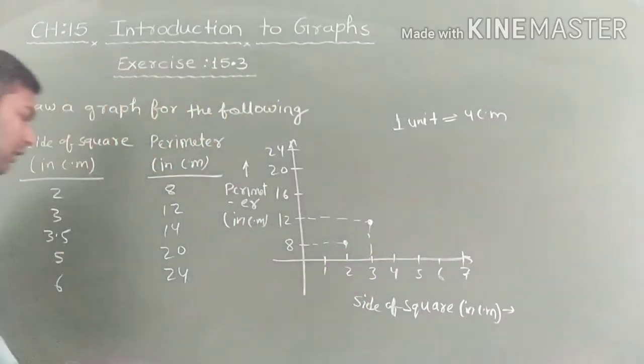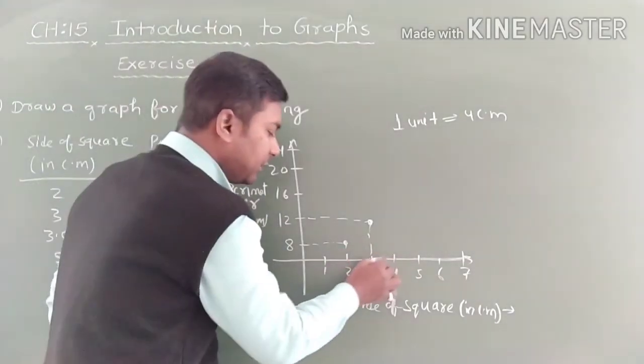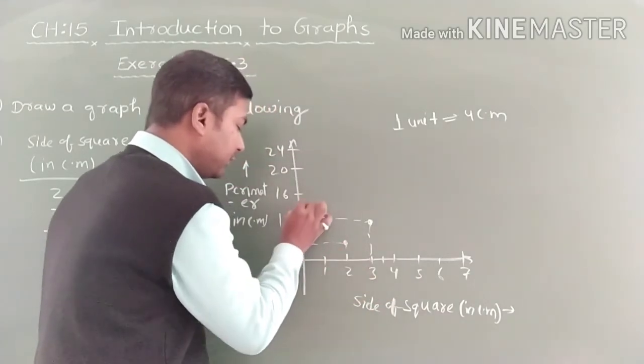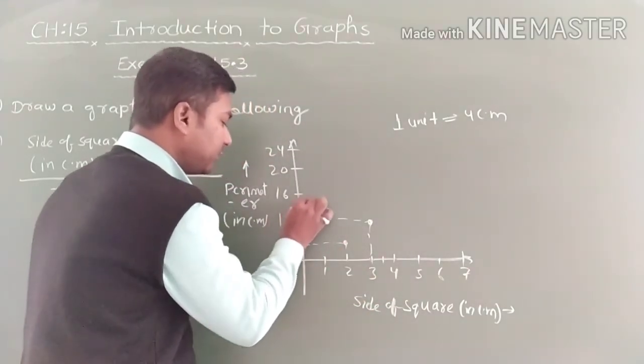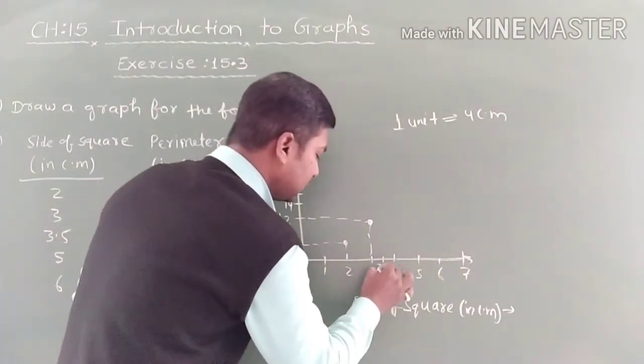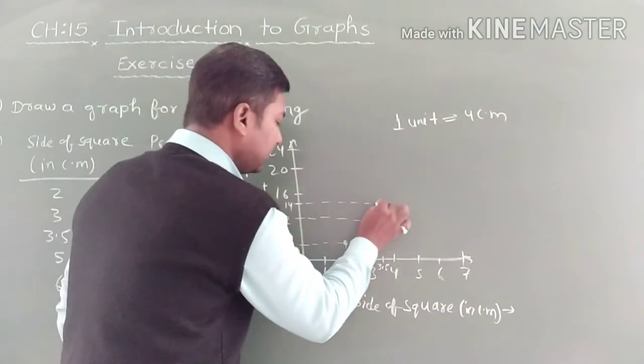Okay, now next one, 3.5, 14. So in between 3 and 4, this is 3.5 and this will be 14, in between 12 and 16, this is 14. Okay. Now this is 3.5 and this is 14. Now draw a dotted line.